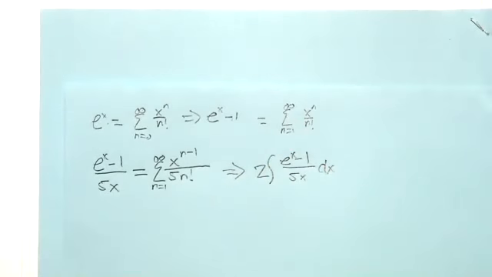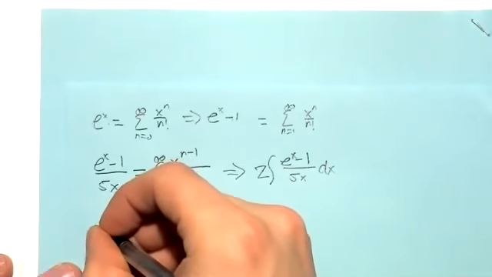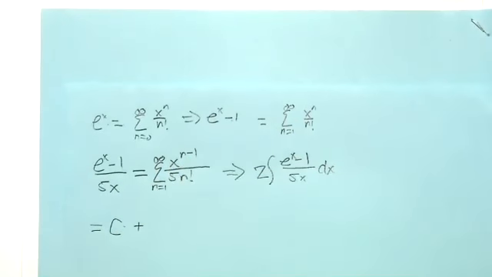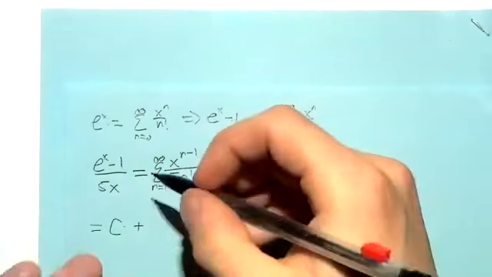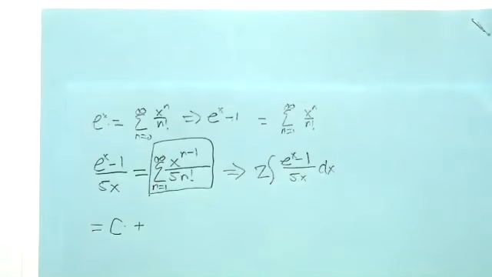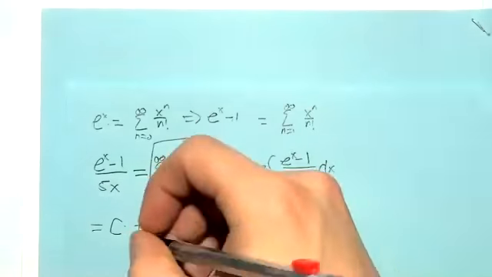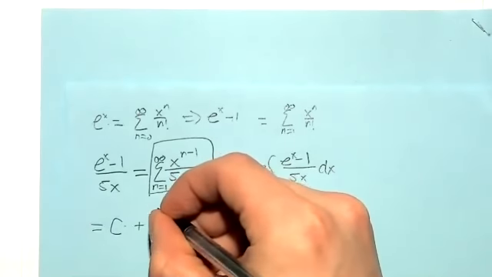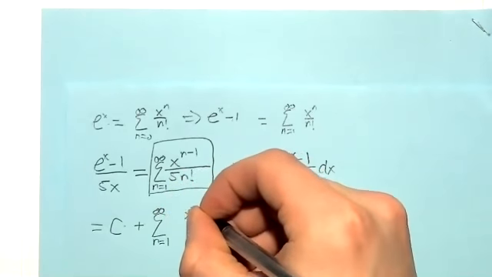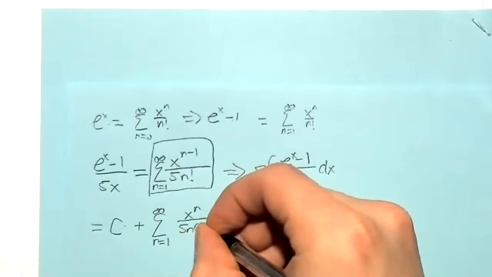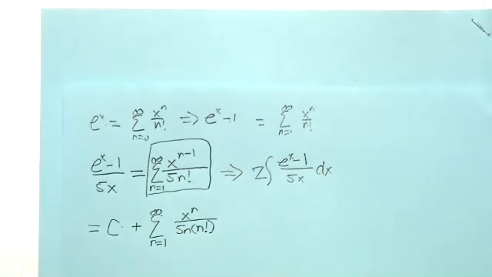Right away, I like to add our plus C. So we're going to have C plus, and now we have almost exactly this, the summation from n equals 1 to infinity of x^n divided by 5n times n factorial.